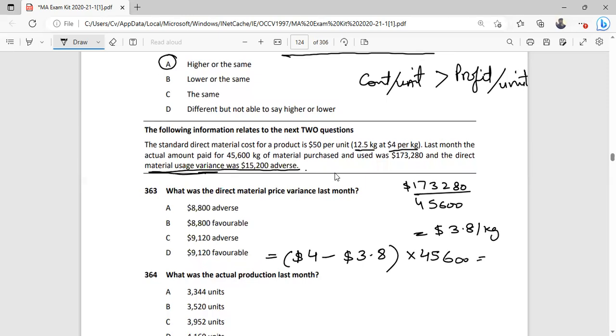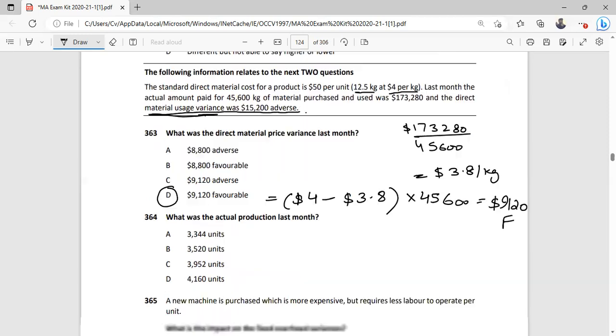So you can calculate the variance. It is 9120. Actual cost is less than the budgeted cost. That's why it is favorable, 9120.